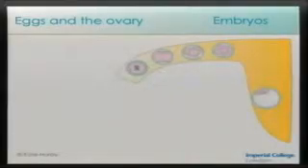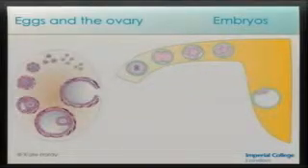It was during these studies over 10, 15 years that it became increasingly apparent that the developmental potential and health of the embryo was dependent on what happened earlier, and encouraged me to start looking at the development of eggs in the ovary.